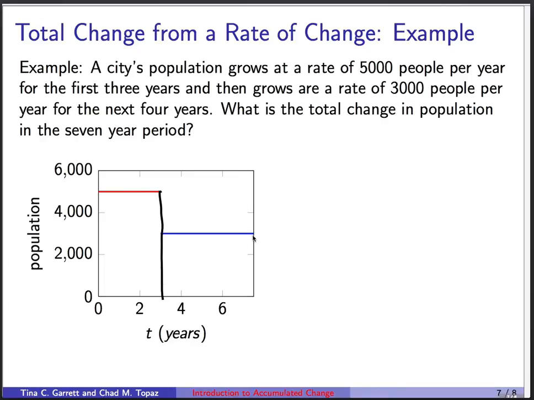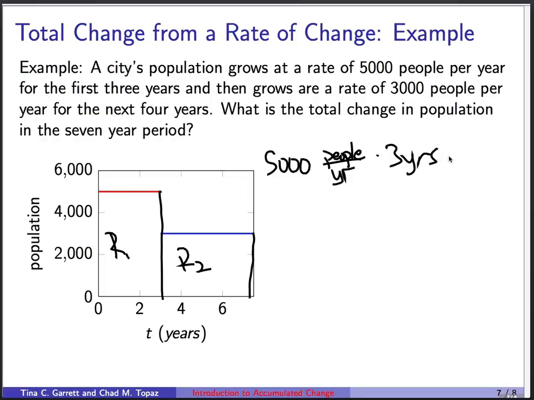So we're going to basically think of having two rectangles, R1 and R2. For R1, what we have is 5,000 people per year for a total of 3 years, and that's equal to 15,000 people.